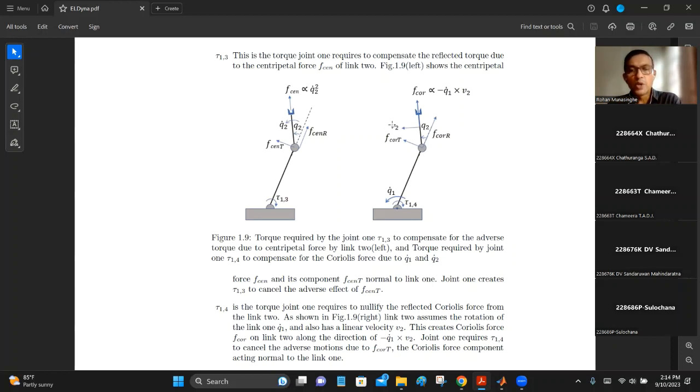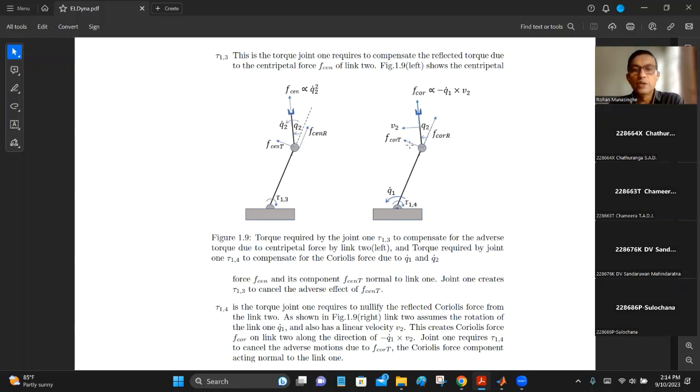Now, when you do the cross product, what will happen? One of the vectors is out of the board, the other one is on the board, right? So q1 dot times v2, cross product. So you generate the force this way, right? Minus q1 dot cross v2, as you can see it over here.